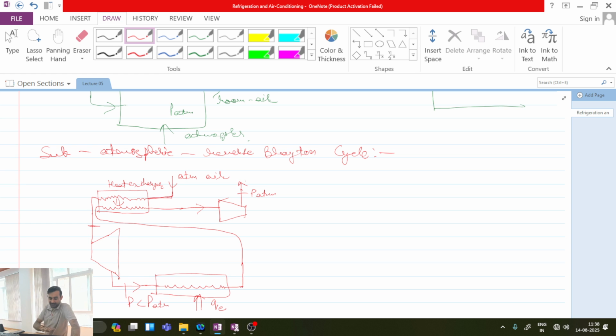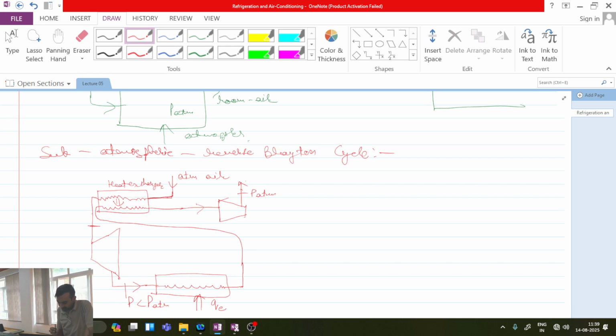If the high temperature heat exchanger is open to the atmosphere, the refrigerated space has to be at less than atmospheric pressure. Then only will the temperature go below the ambient temperature in an open cycle. In a closed cycle it is easy to achieve, but in an open cycle this variation has to be done.